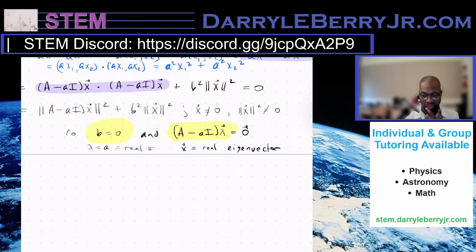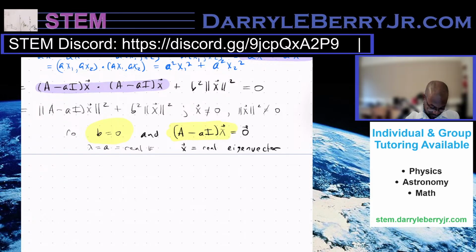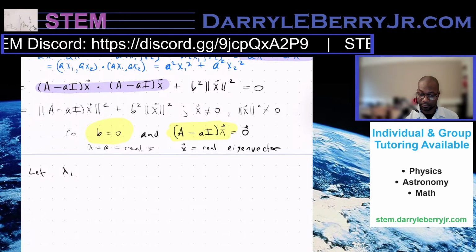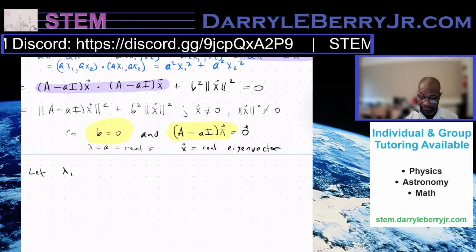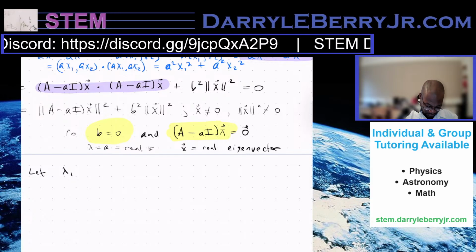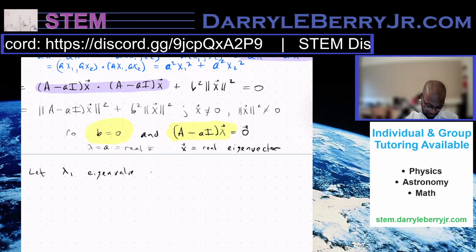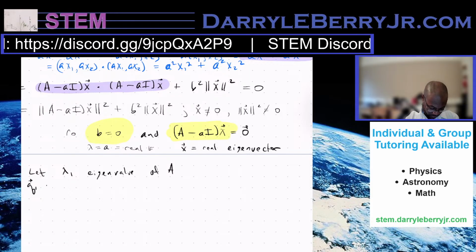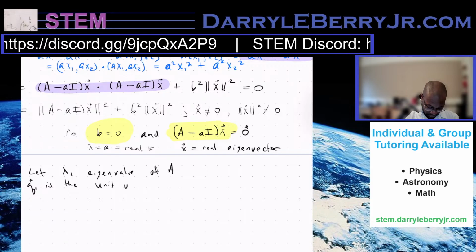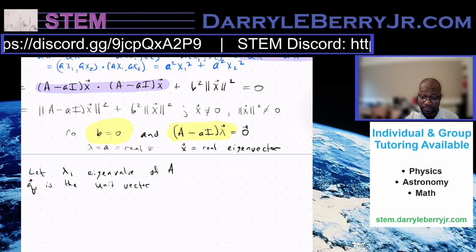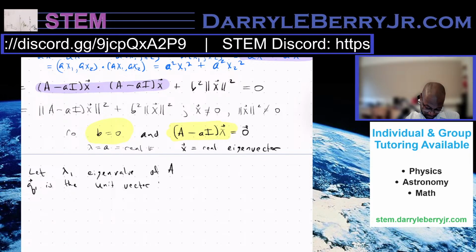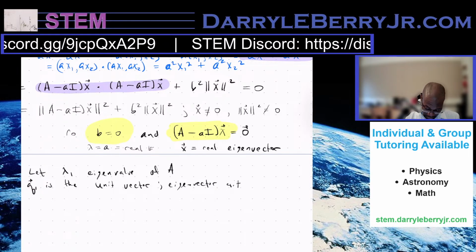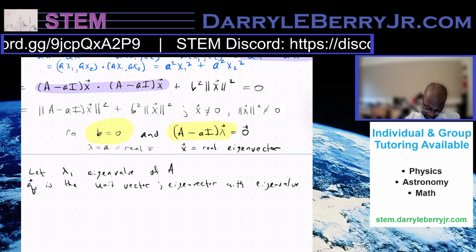So now we proceed to proving the second part of the theorem. All right. So we have that lambda 1 be an eigenvalue of A, and Q1 is the unit vector that is an eigenvector with eigenvalue lambda 1.